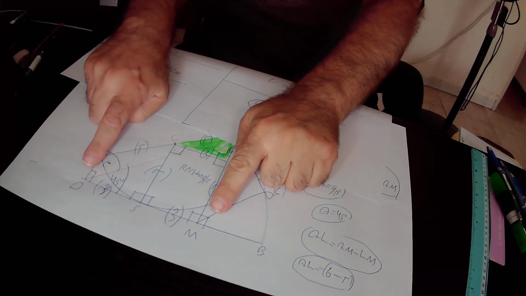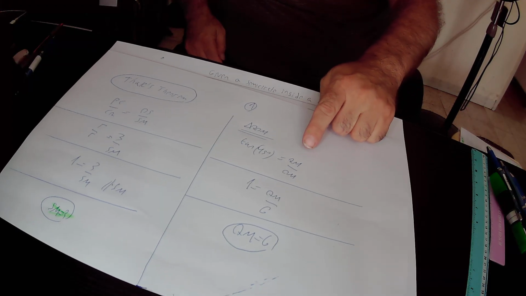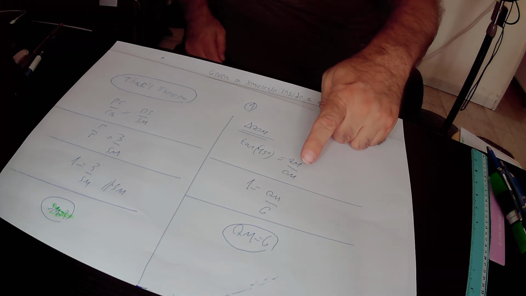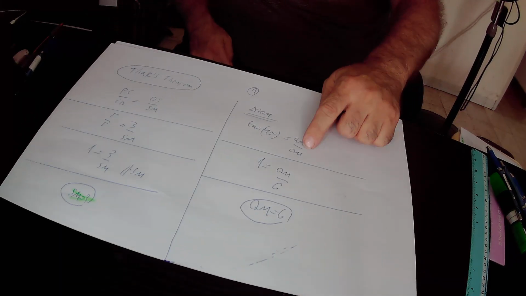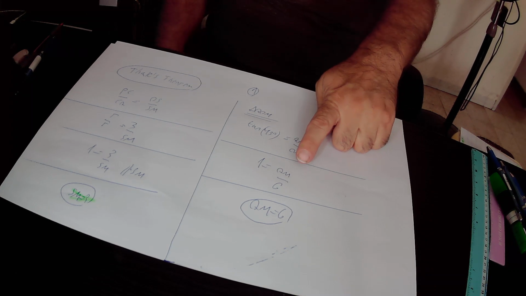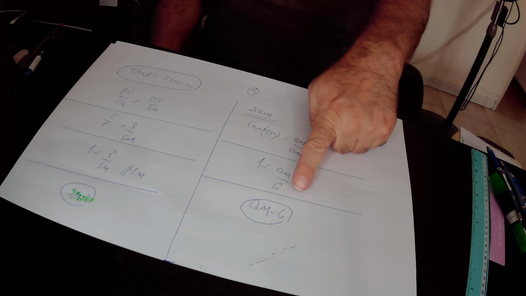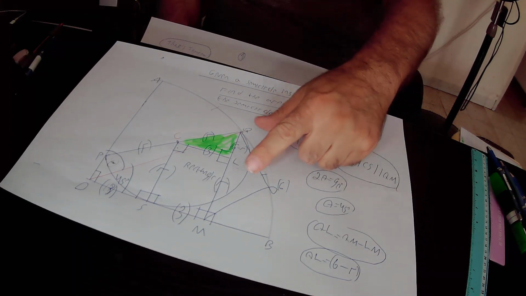OM in total equals 3 plus 3, that is 6. So 1 over root 2 equals QM over 6, and we multiply this equation by 6 and find out that QM equals 6 units in length.